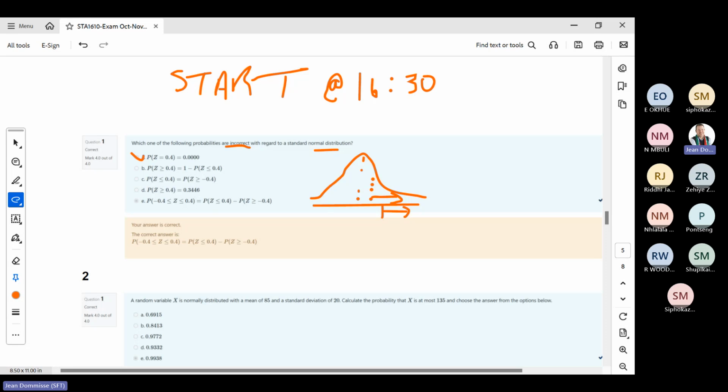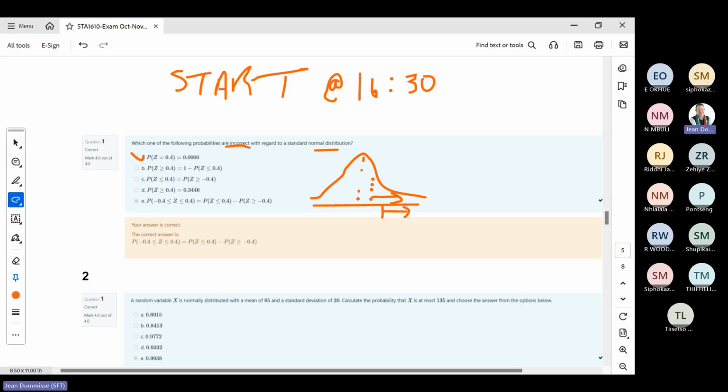Is that the same as 1 minus the probability that Z is smaller or equal to 0.4?